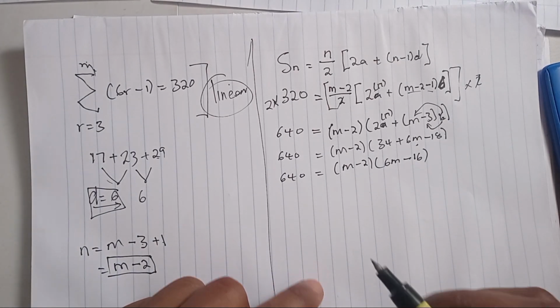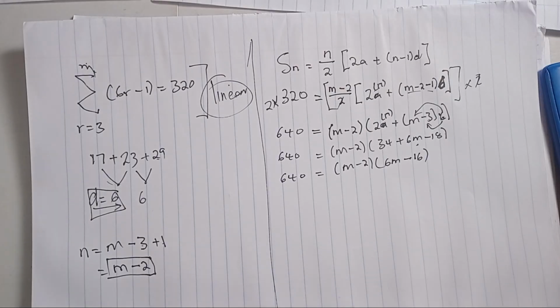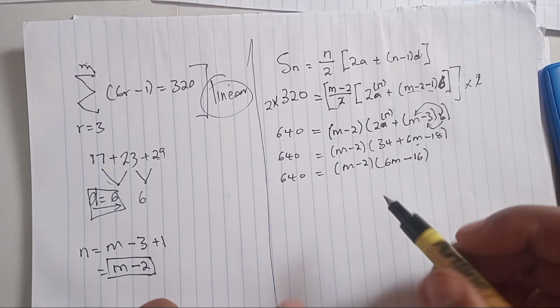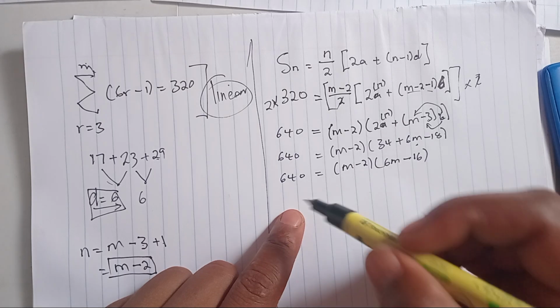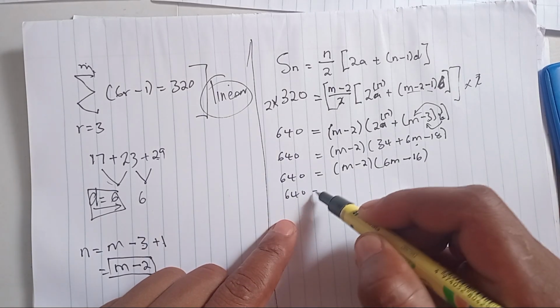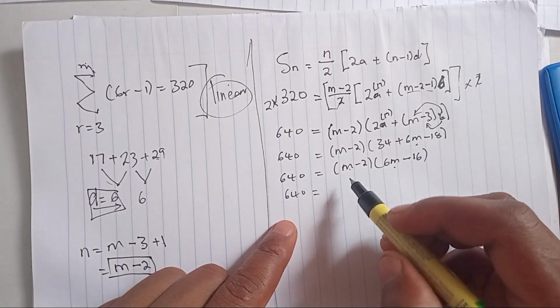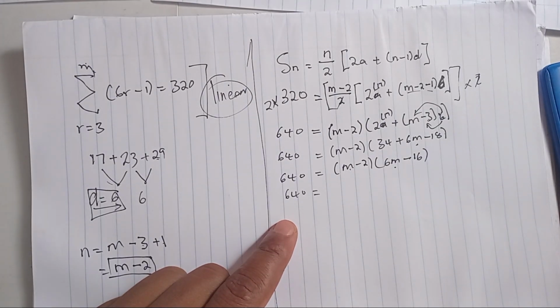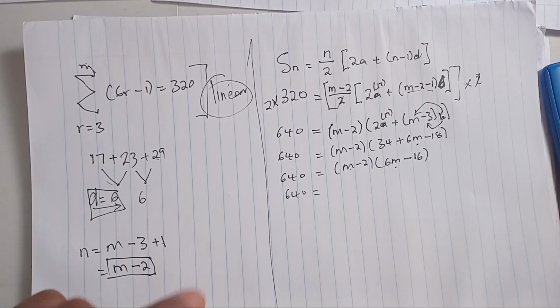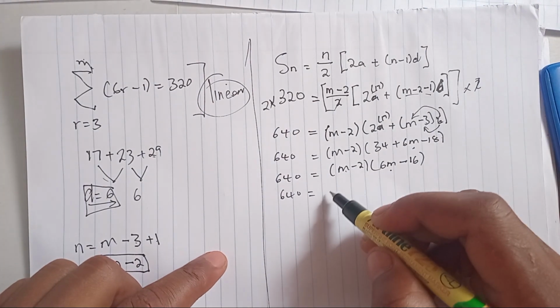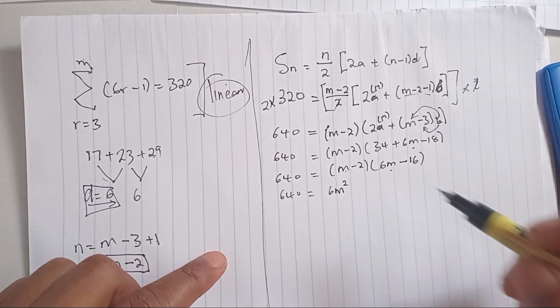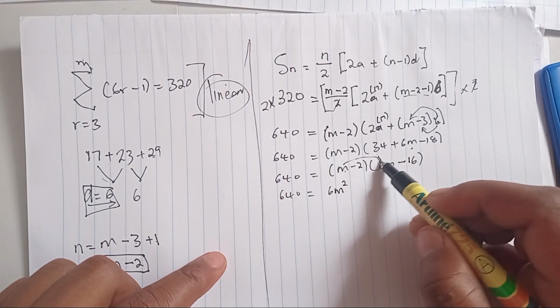So from this side, we're going to say 640 is equivalent to, we multiply this by this, we're going to have 6m squared, and then we're going to multiply this.